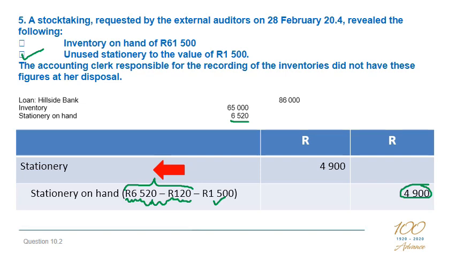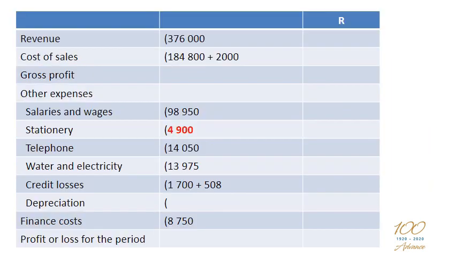I'm going to account for that as my consumption in the stationery account. That is an expense account. So in my statement of profit or loss, I will have my stationery consumed of 4,900. Can you see in the framework that I'm earning the marks as I read through the additional information?